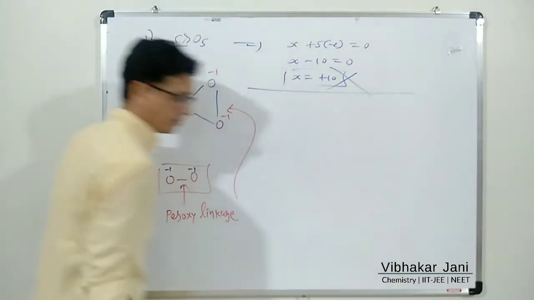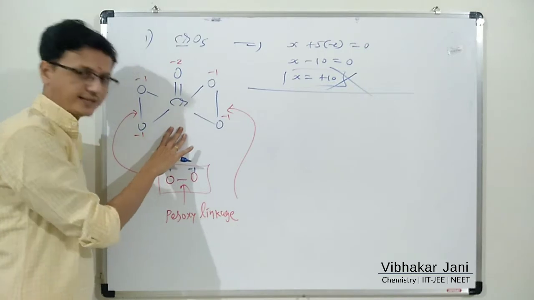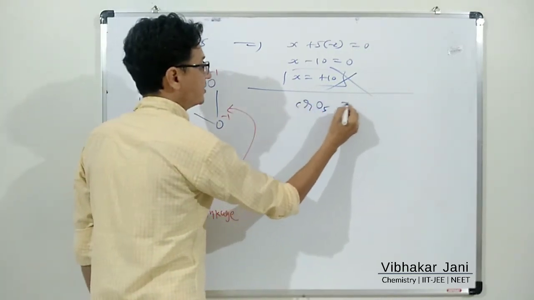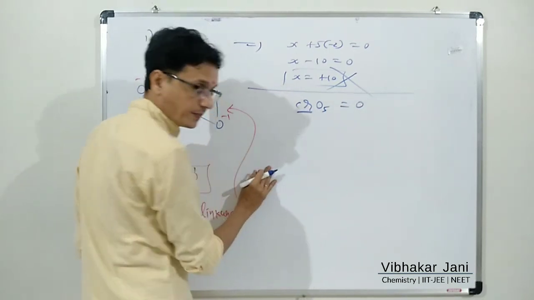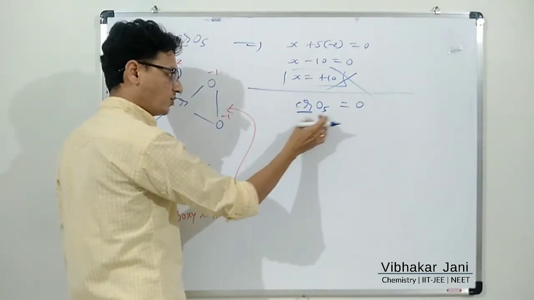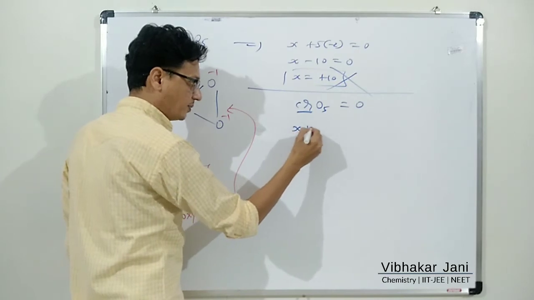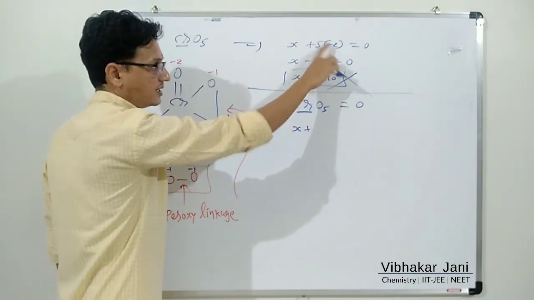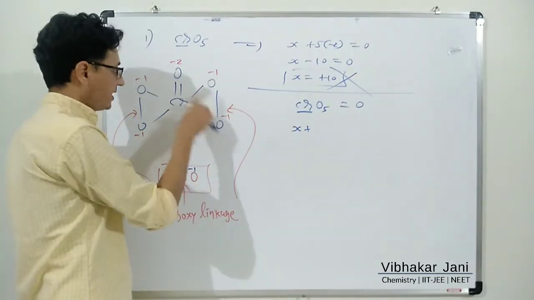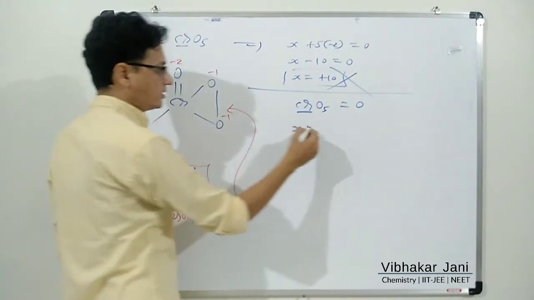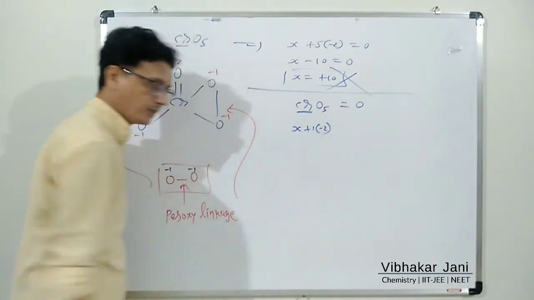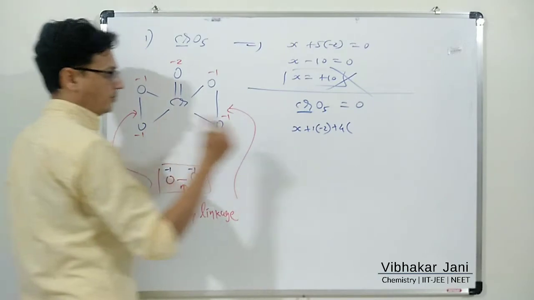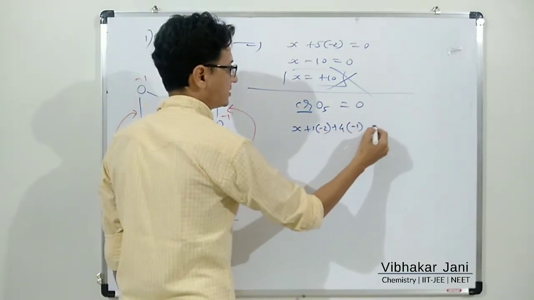The correct method is, after knowing the structure, to find the oxidation state of chromium in CrO5: x plus, here all 5 oxygens do not have the same oxidation state. There are two kinds of oxygen. One oxygen has -2 and 4 oxygens have -1 oxidation state.